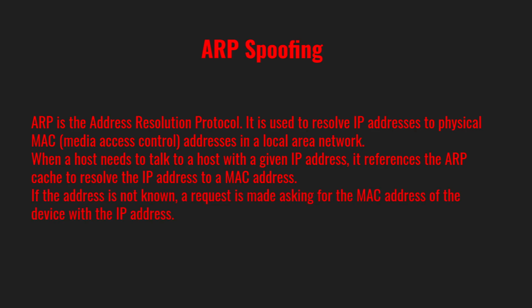If the address is not known, a request is made asking for the MAC address of the device with the IP address. Because after all, this is layer 2, the data link layer, which uses MAC addresses. So we need ARP for resolution, or to map the IP to MAC and vice versa. Actually, we have something called reverse ARP as well, RARP. This is to do the vice versa thing, okay?